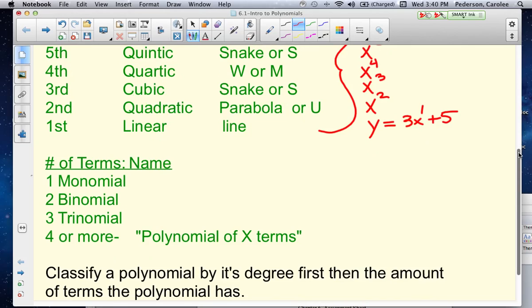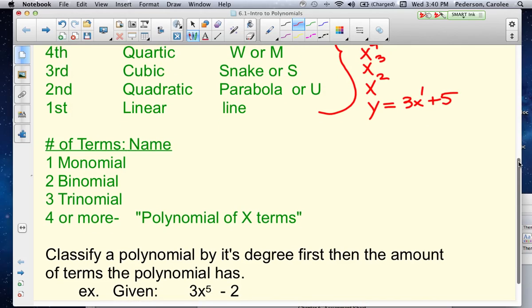Then polynomials have a certain number of terms. So go ahead and write down this next piece. If you have a single term in your polynomial, we call it a monomial. If you have two terms in your polynomial, then you have what we call a binomial. So think of this one as 3x plus 5.